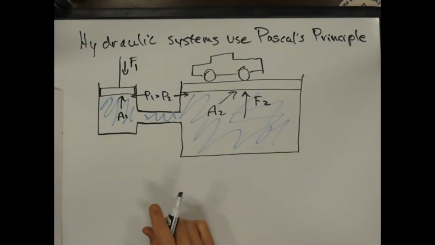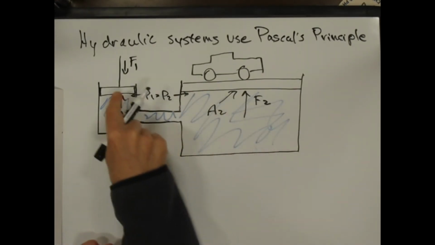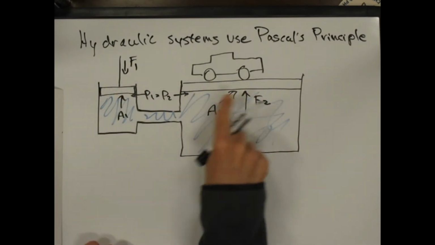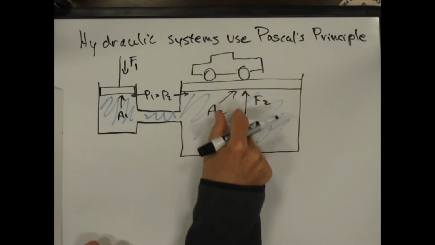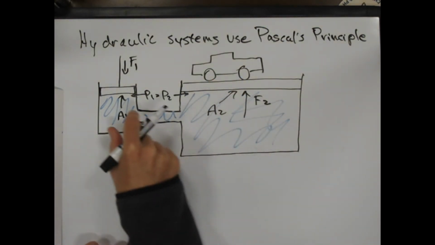So here's the idea. This is how hydraulic systems use Pascal's principle. If I have a fluid and I have a piston here and a piston here, and this one's big enough to hold your car. This is a little silly because actually the pistons are smaller than the car and they sit underneath it, but just for illustration we draw it this way.